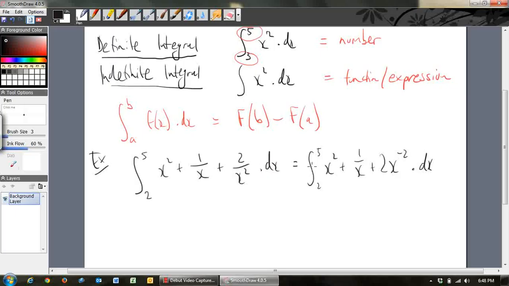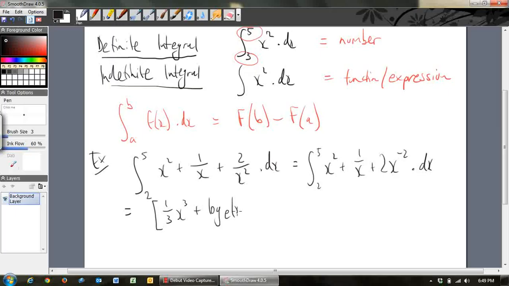If we write them as powers rather than fractions, it just makes it a little easier to integrate. When we perform the anti-differentiation, we put these little square brackets and write the anti-differential into here. So x squared becomes 1/3 x cubed. What's the integral of 1 over x?